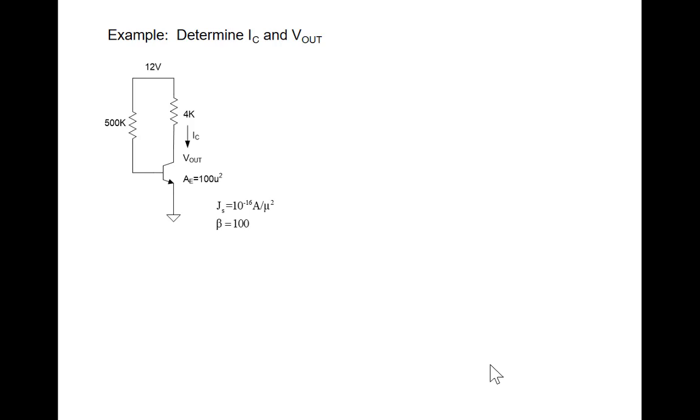So now let's analyze the circuit. What's the base current? IB is equal to 12 minus 0.6, 11.4, over 500K.